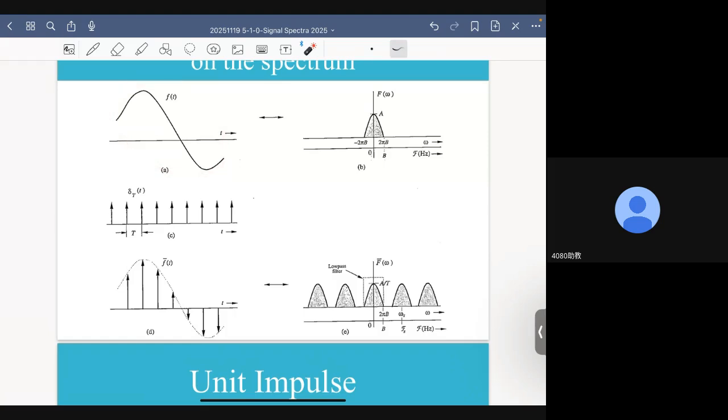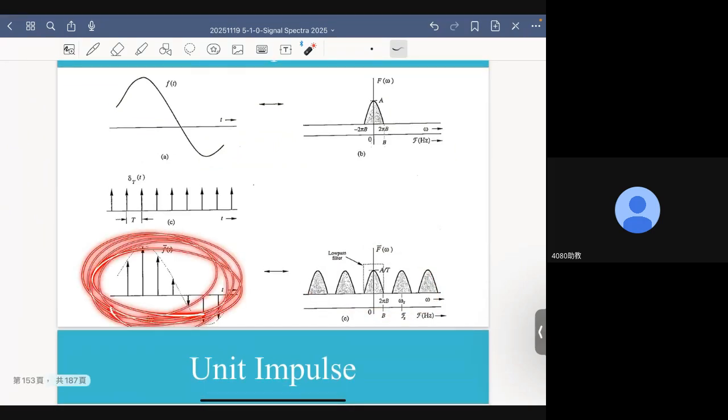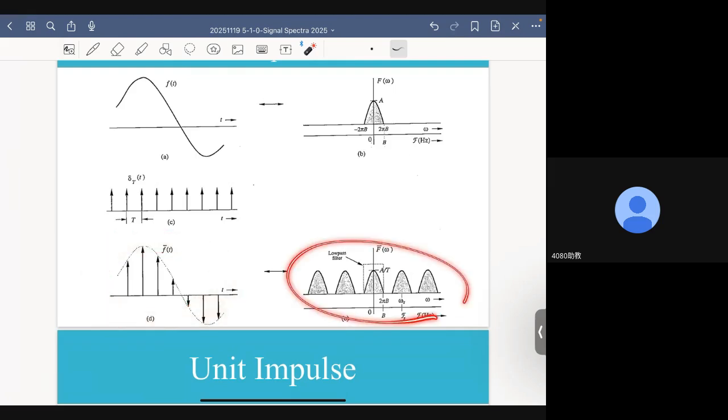If they carried identical information, we can always transform one from the other because they have the same information. And if you take the Fourier transform of this signal, this is what happened.